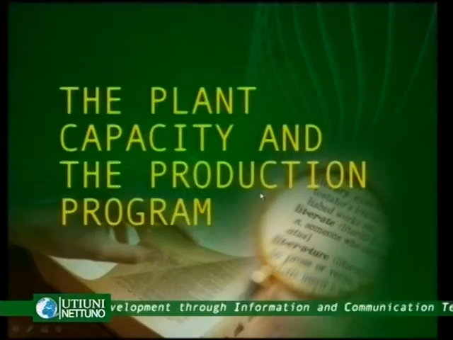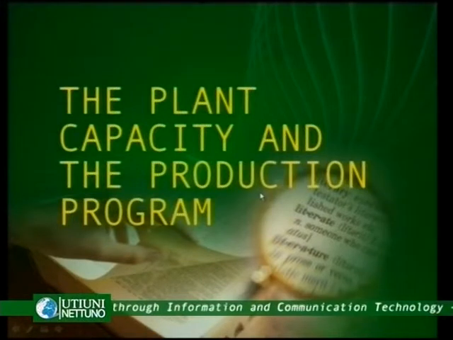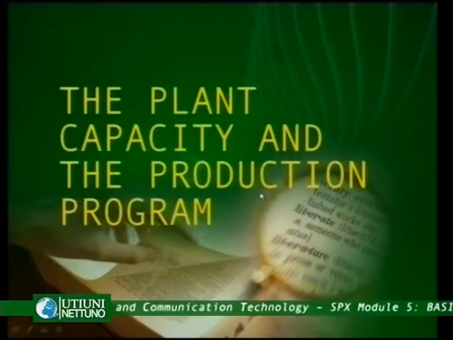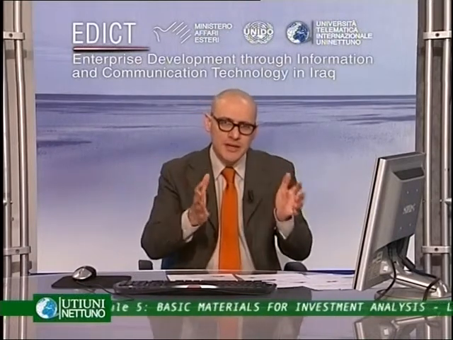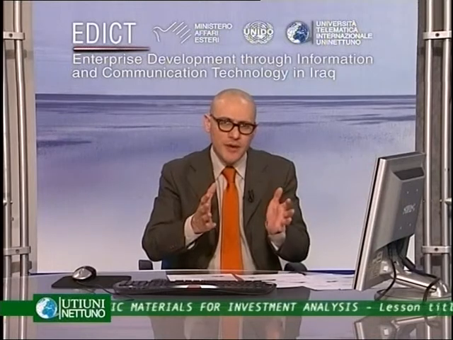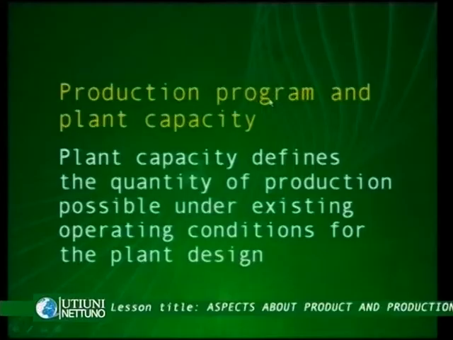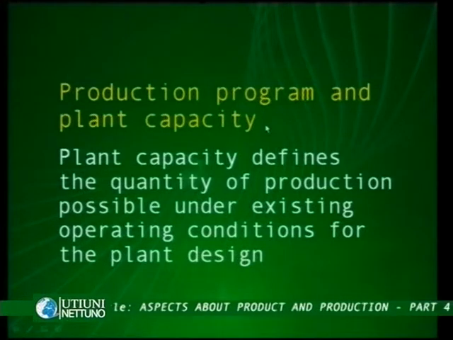The final part of our class is about the plant capacity and the production program. So, it's about the definition and the interaction between the decisions about plant capacity and the actual program, which is related to the deployment of productive activities. Production program and plant capacity.